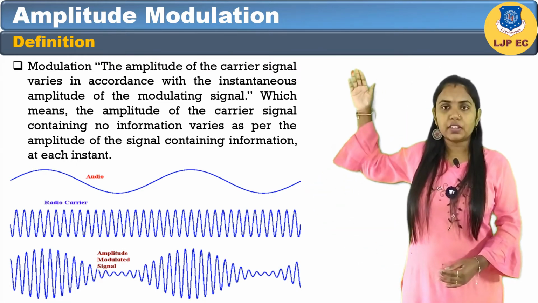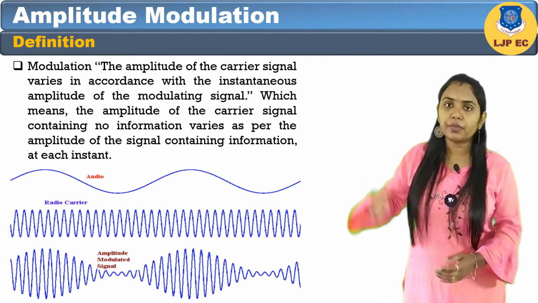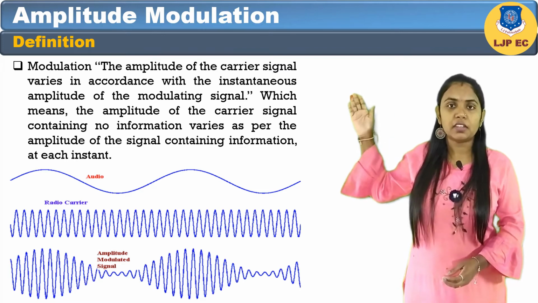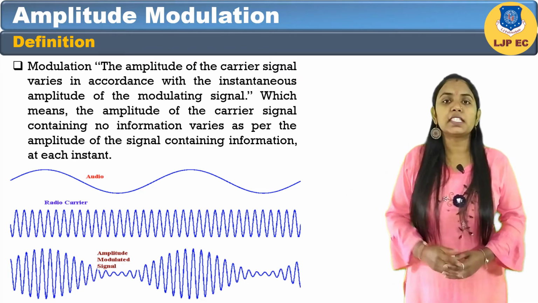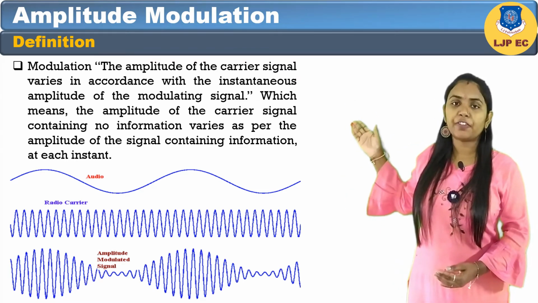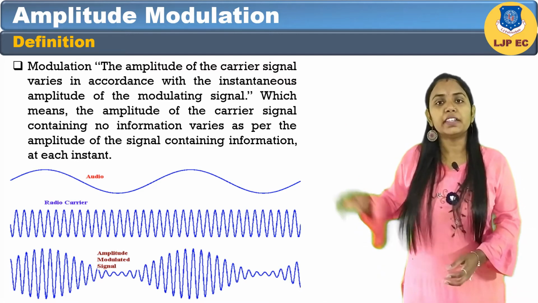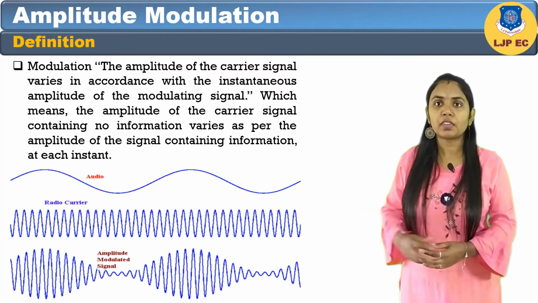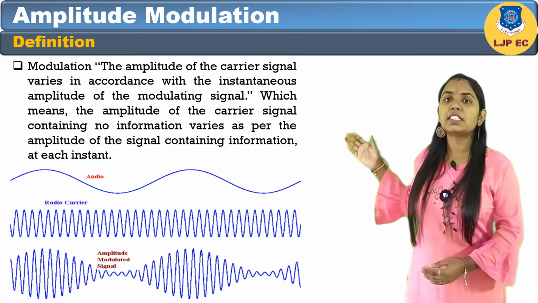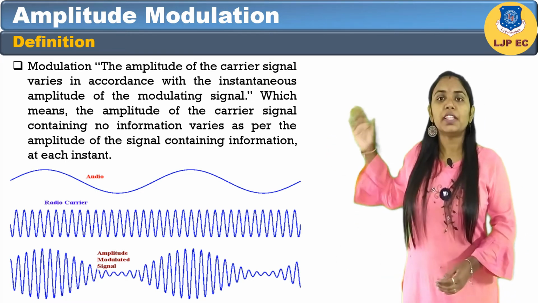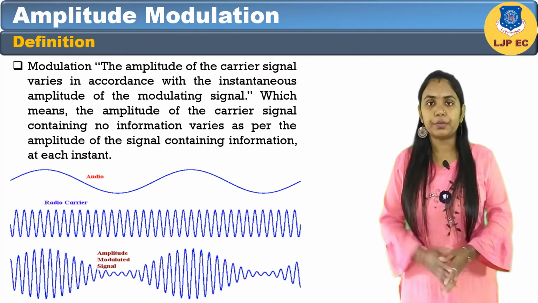The first figure shows the modulating wave, which is the message signal. The next one is the carrier wave, which is the high frequency signal and contains no information, while the last one is the resultant modulated wave, that is amplitude modulated wave.